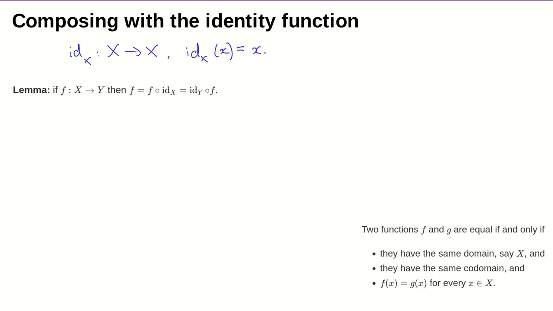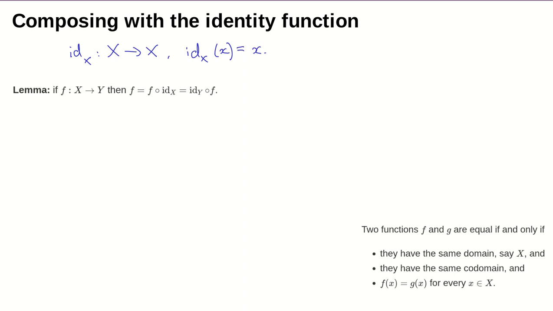That was called the identity function. And what the lemma here says is that if you compose a function with the identity function on either side, then it doesn't change that function. So if you have a function f from a set x to a set y, then f composed with the identity and the identity composed with f are both just equal to f again.